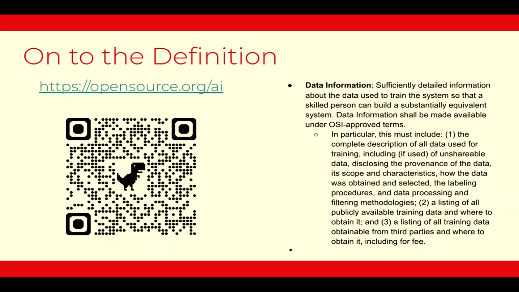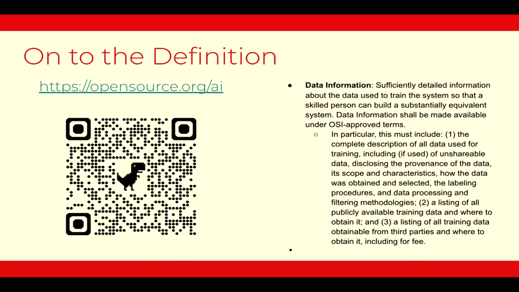What you can't do is take that data and make it publicly available because you don't own the copyright. You've been given rights that do not extend as far as publicizing the data. So those are the publicly available training data and where to obtain it. And similarly, if you buy data from somebody, they don't necessarily give you the right to publicize it as well.